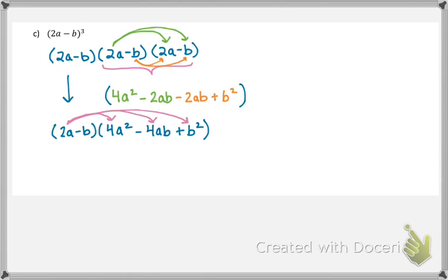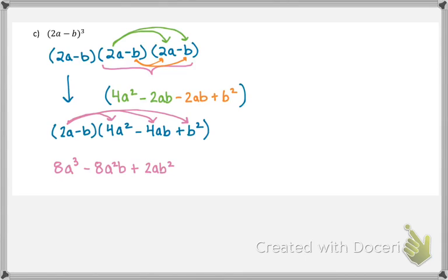Okay, so 2 times 4 is 8. a times a squared is a cubed. 2 times 4 is again 8, but it is negative in this case. a times ab is a squared times b. And then 2a times b squared is positive 2ab squared.